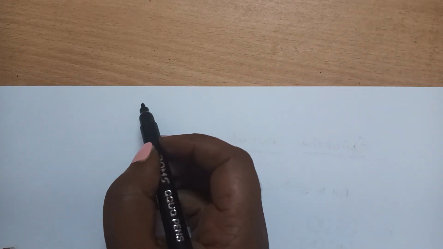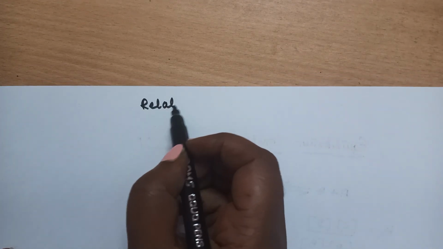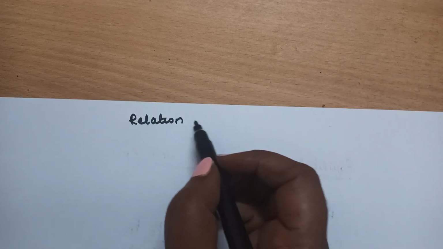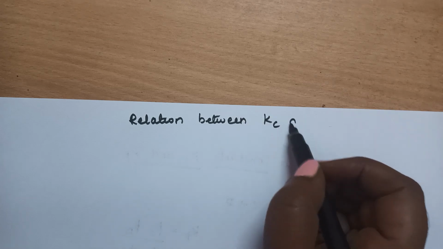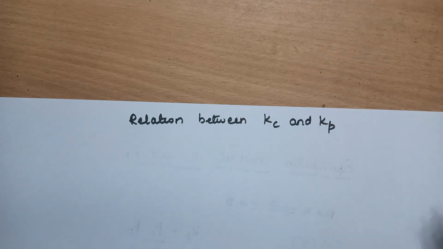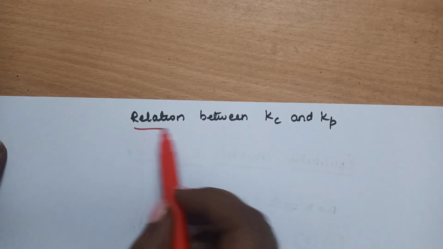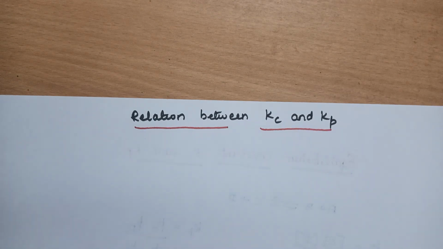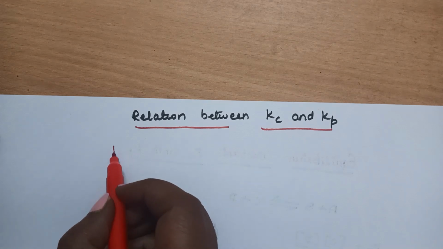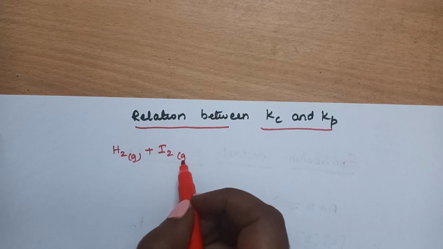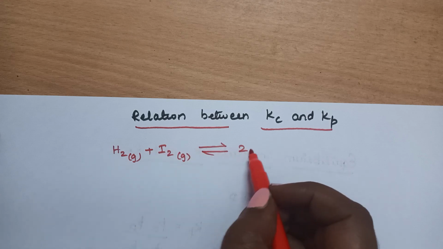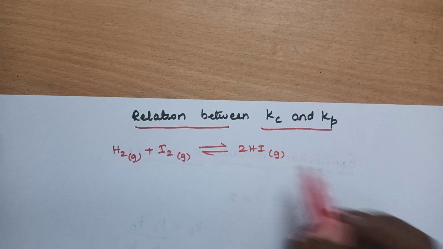Now let us learn the relationship between Kp and Kc. Students, let us consider the reaction H2 hydrogen gas plus I2 gas giving 2HI gas.